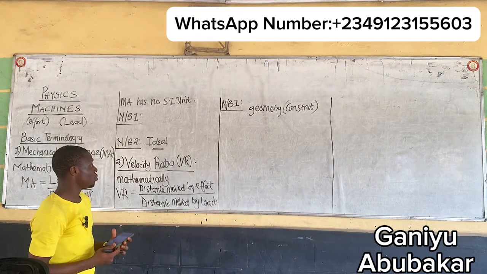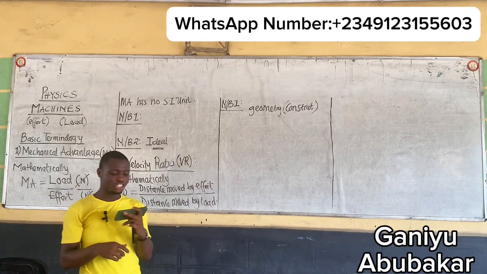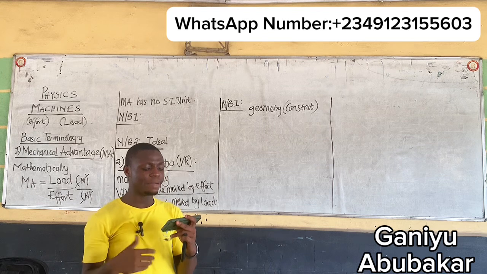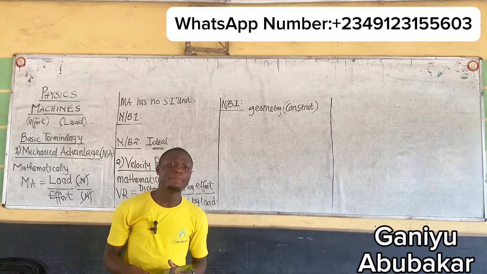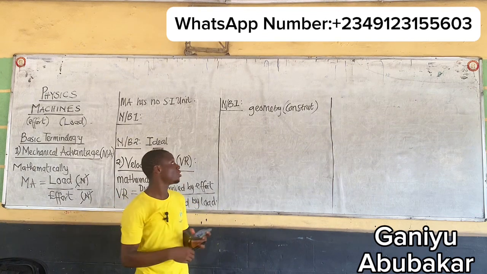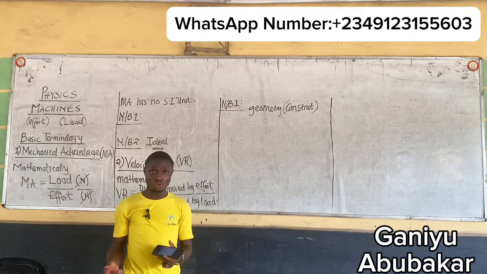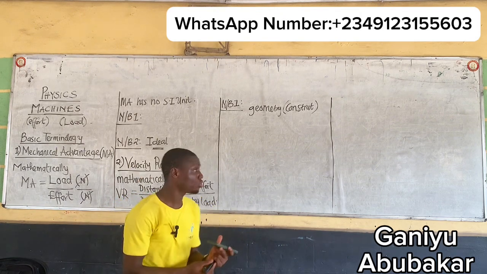All right, so that's your first note. Note that the velocity ratio of a machine is independent of friction, but dependent on the machine geometry, or you call it construct. That's your first note.